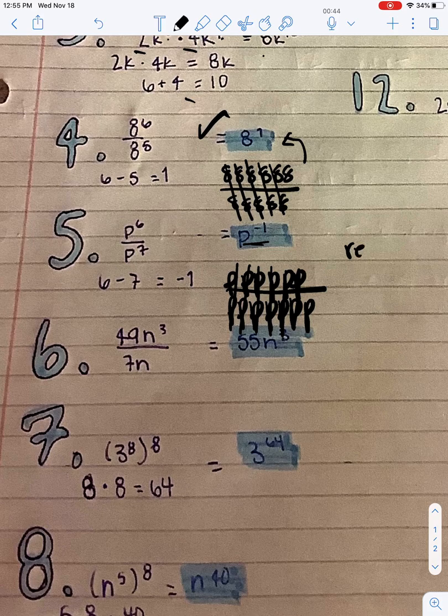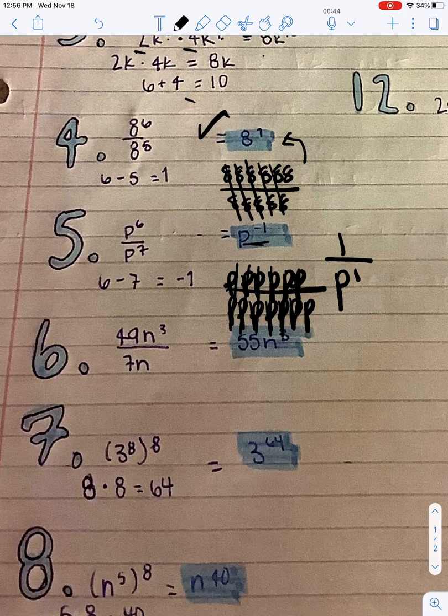So what we have to do is write the reciprocal. Well, wait, no, we're not using the reciprocal on this one, I'm sorry. Disregard that. We're actually going to end up writing our fraction as 1 over p to the 1 because we don't want a negative exponent. We want to keep it positive, so we write it in a fraction as 1 over p.